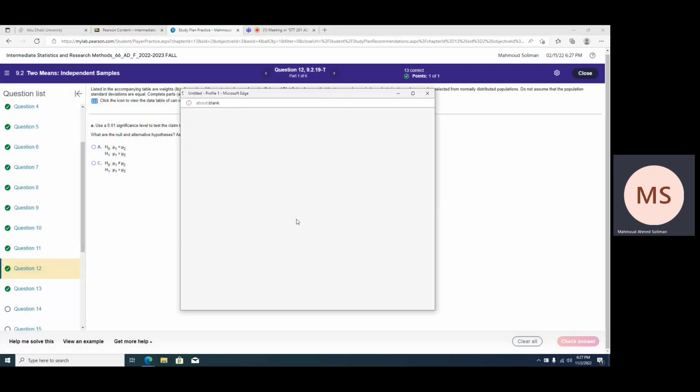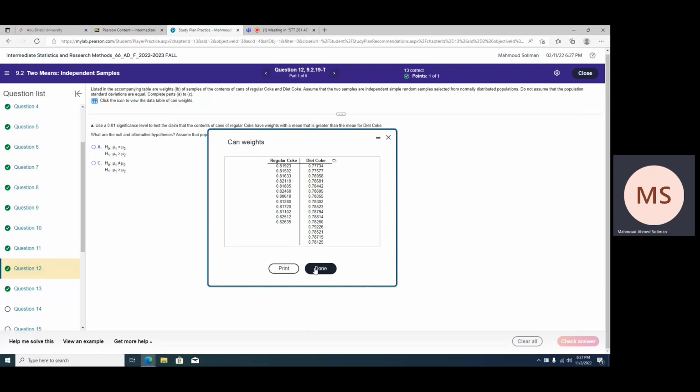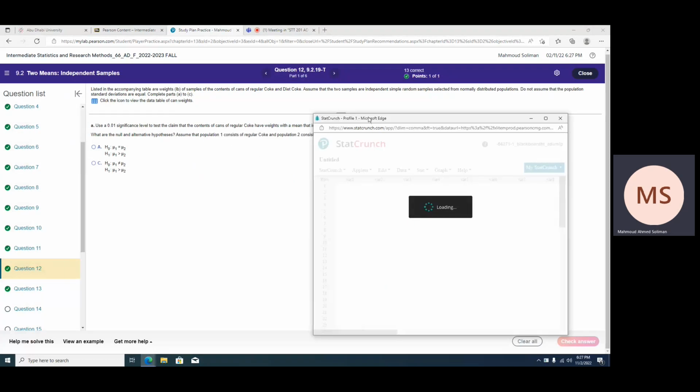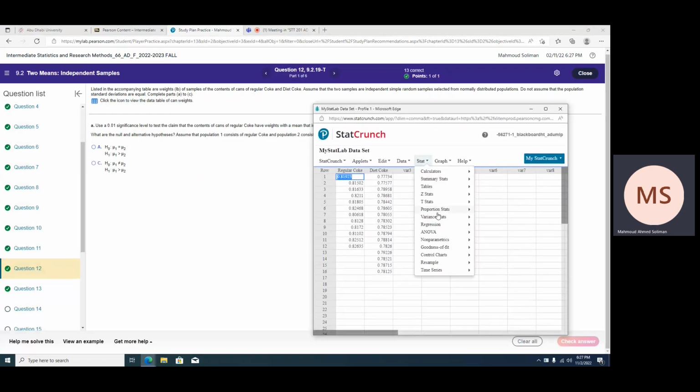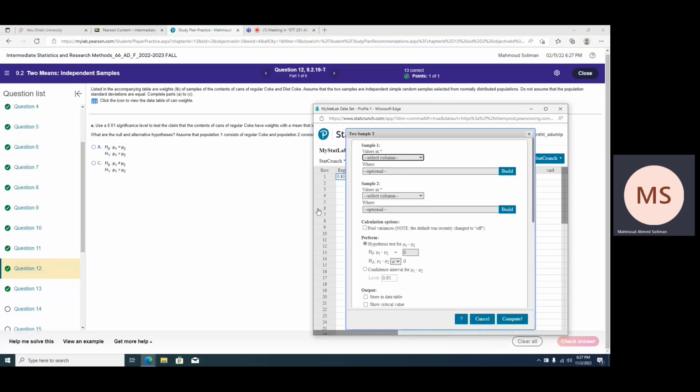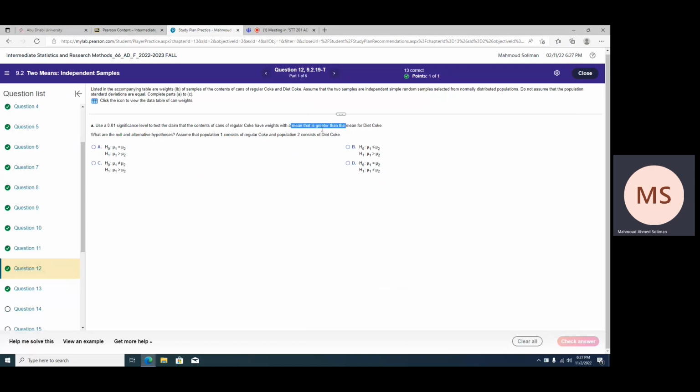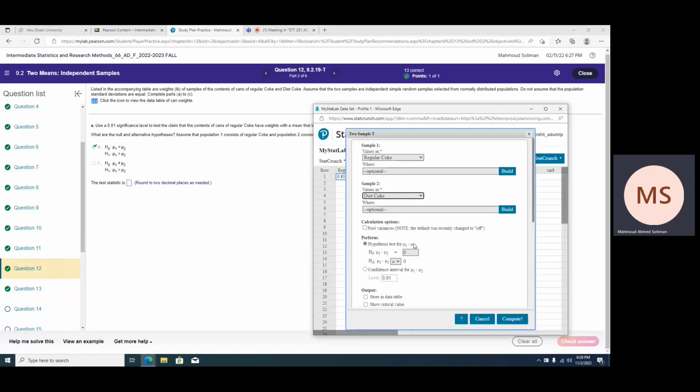Okay, another table. Data, stat, t-stat, 2 sample data. Do not assume the population standard deviations are equal. Sample 1 is regular Coke, 2 is Diet Coke, and the alternative is greater than.